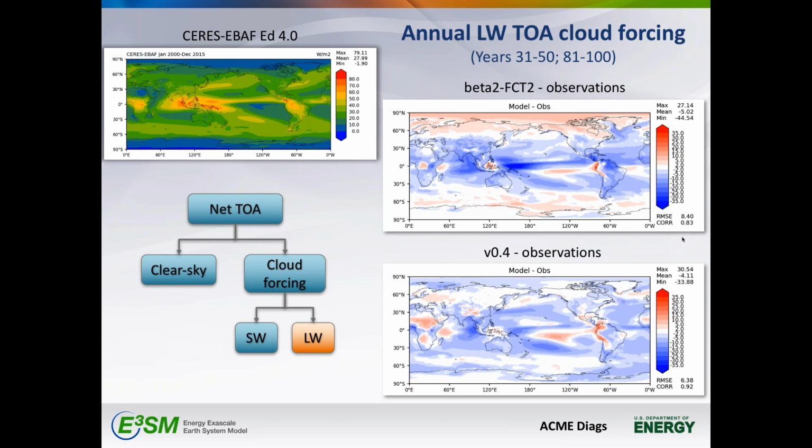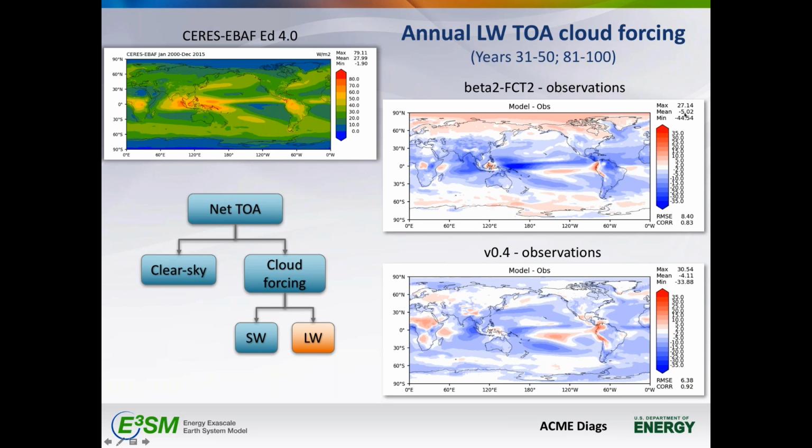Focusing now on the longwave cloud forcing. In this simulation, we still have a fairly large mean bias. That will be one target of improvement for some minor retuning that we plan to do. So the mean bias in longwave cloud forcing is around -0.5.